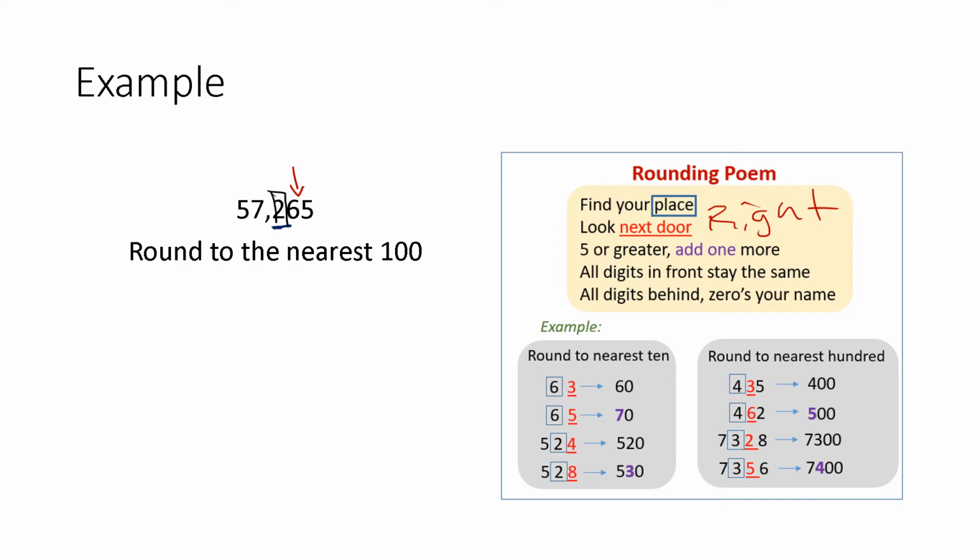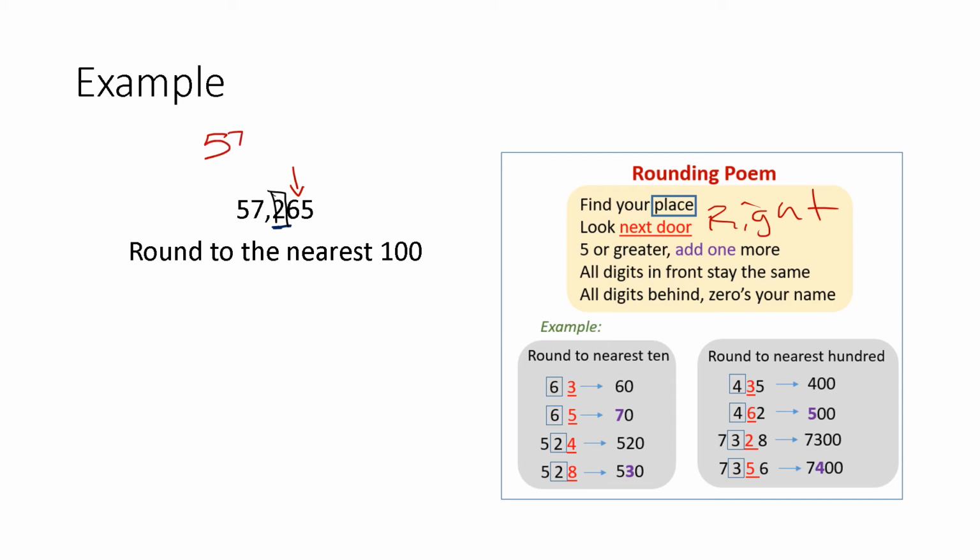If the number next door is 5 or greater, our place is going to go up by 1. If the number next door is less than 5, our place is going to stay the same. So because the number next door here is greater than 5, 6 is greater than 5, our place is going to go up by 1.